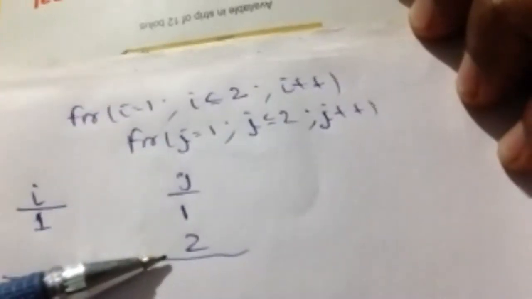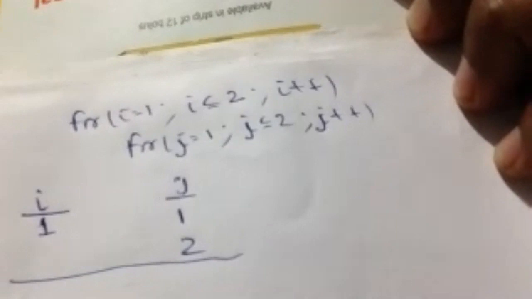So for I equal to 1, J will repeat 1 and 2 only. Then it will move to the upper loop, and I becomes 2.